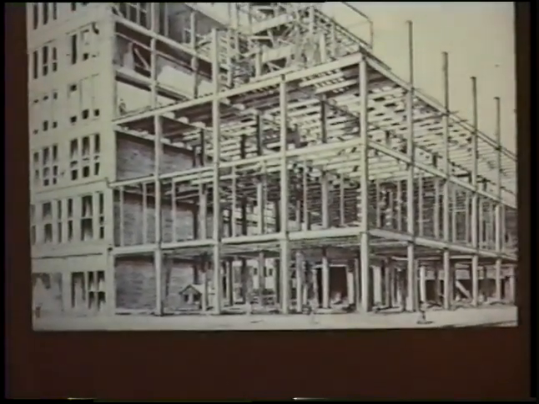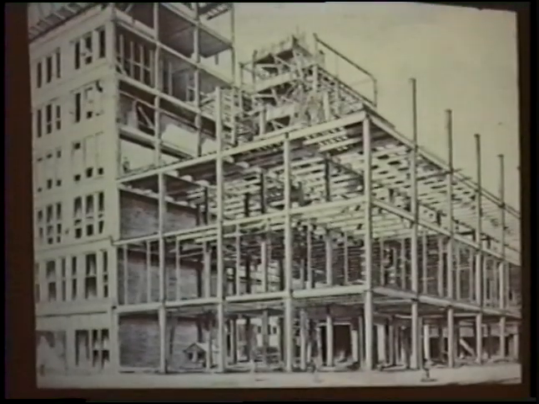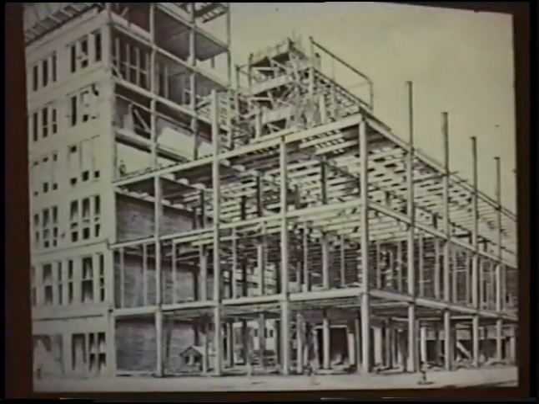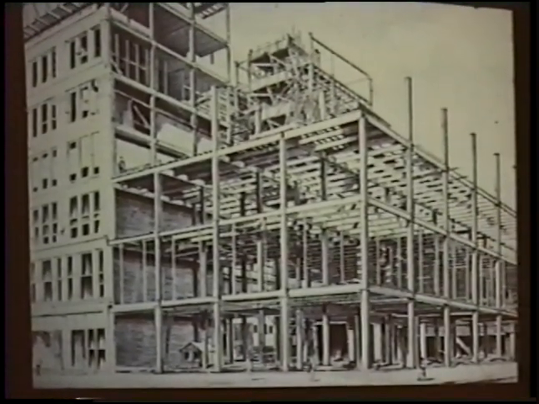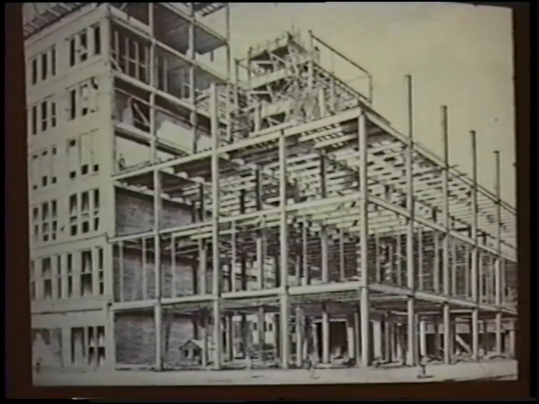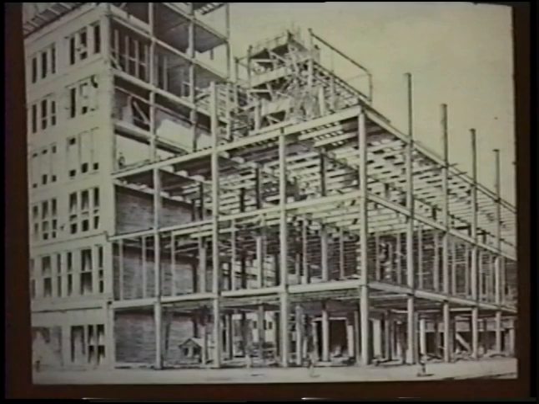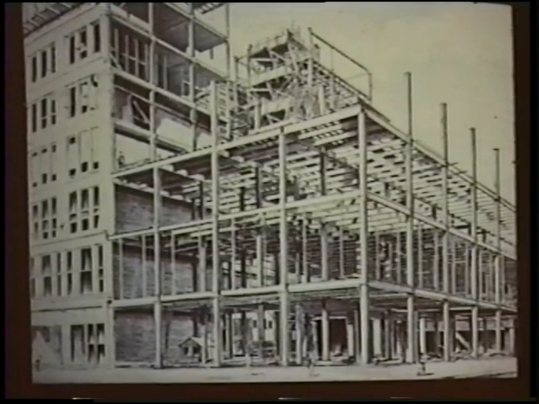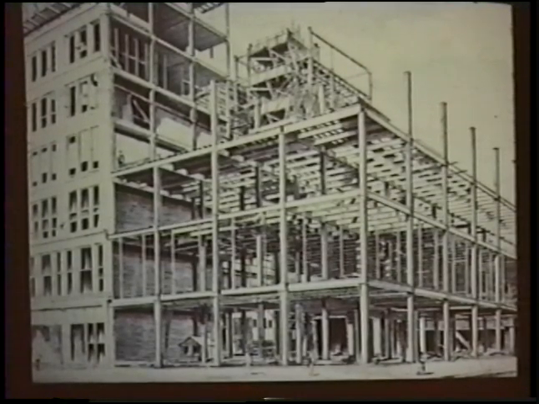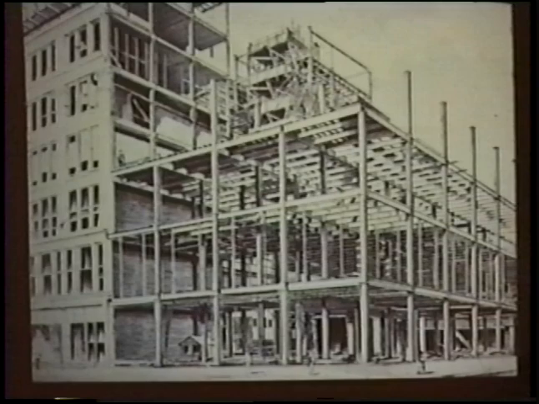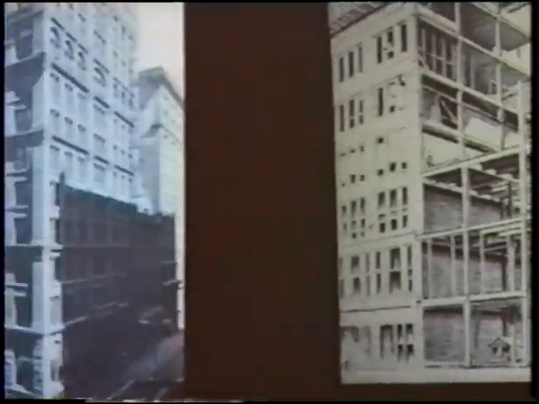Well, William LeBaron Jenney designed a number of these buildings, and then other architects and engineers, of course, started doing so as well. Jenney himself had experimented with parts of this system as early as 1879 or so, but the first true steel frame structure of his was probably one that's called the Home Insurance Building, and here we see it.